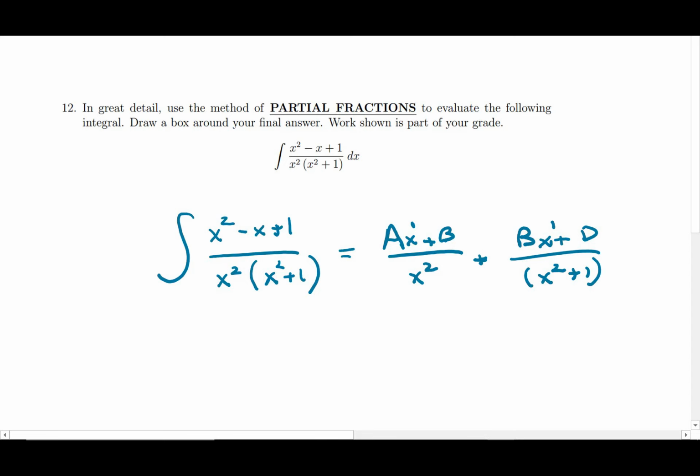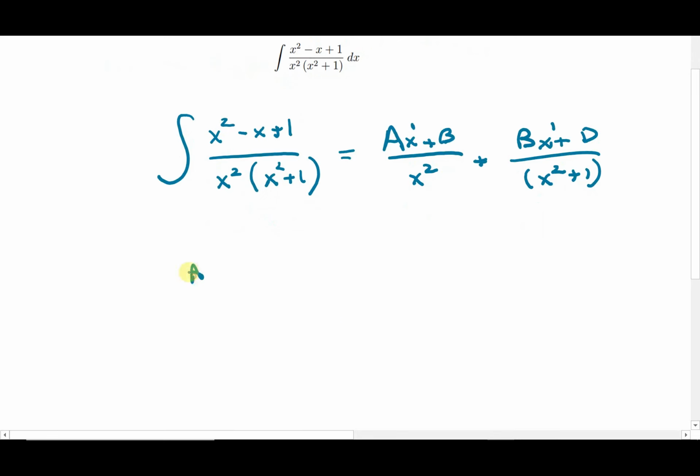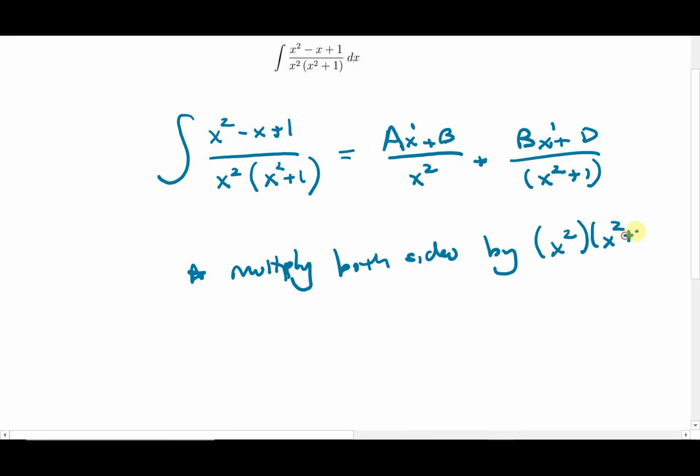And then right here, what we need to focus on is, now if we multiply both sides by x squared times x squared plus 1.